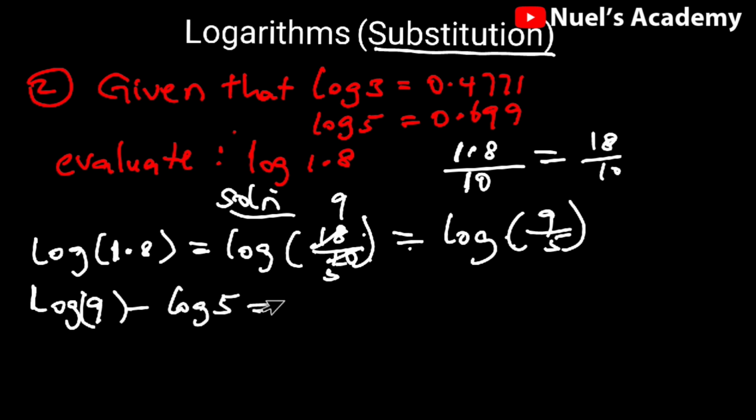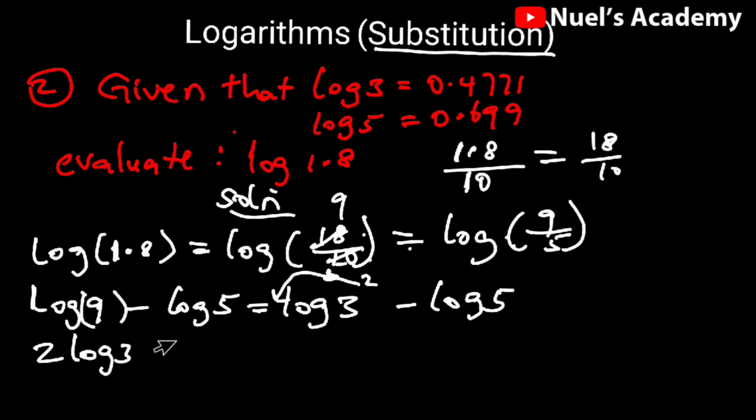So this is equals to log 9, which can be written as 3 raised to the power 2, and then minus log 5. So we are going to bring the power forward here. So it becomes 2 log 3 minus log 5.